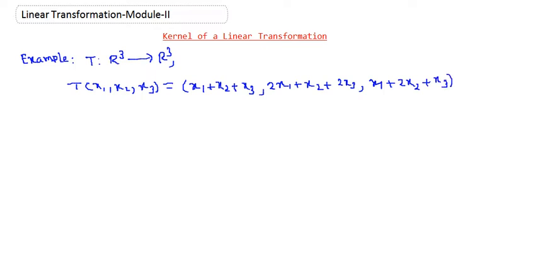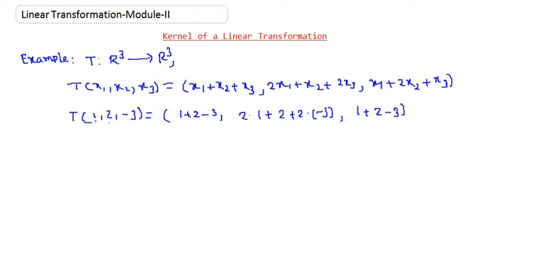If I put in a point, for example T of (1, 2, -3), here x1 is 1, x2 is 2, x3 is -3, so it goes to 1 + 2 - 3, which is 0. Next, 2 times x1 is 2, plus x2 is 2, plus 2 times -3, which gives 2 + 2 = 4, minus 6, so -2. Then 1 + 2 times 2 + (-3), which is 2.